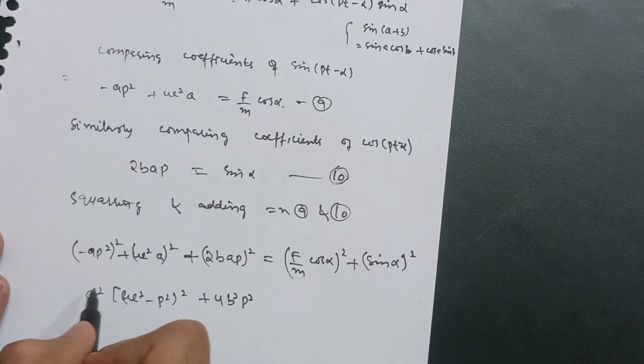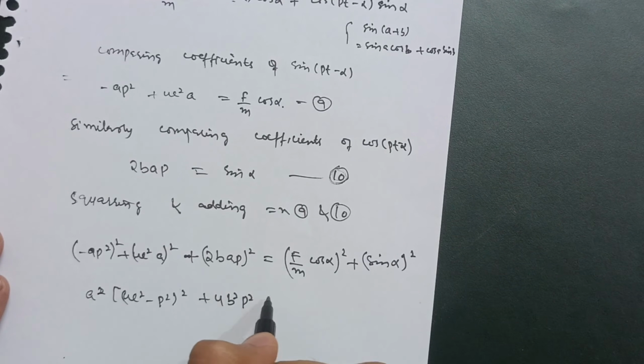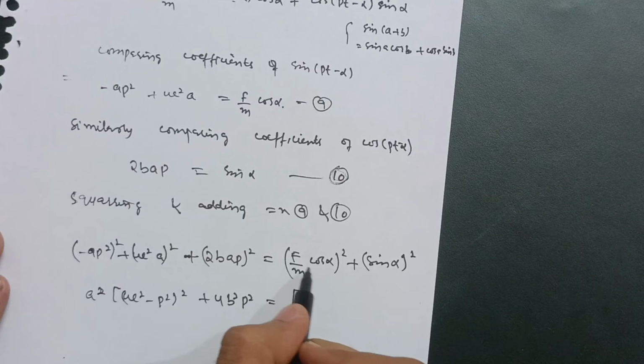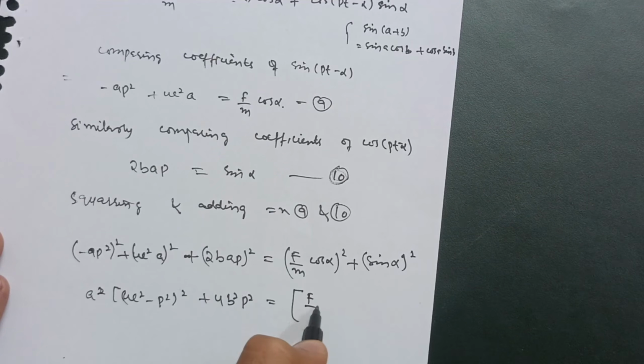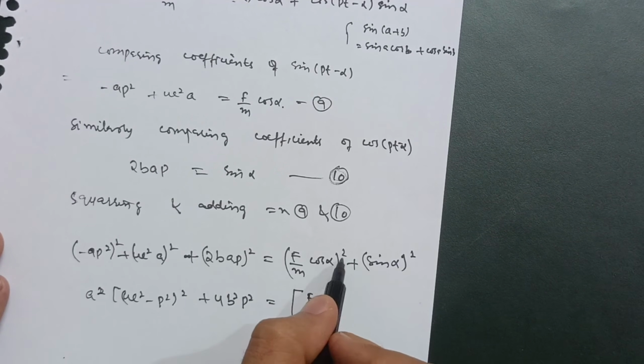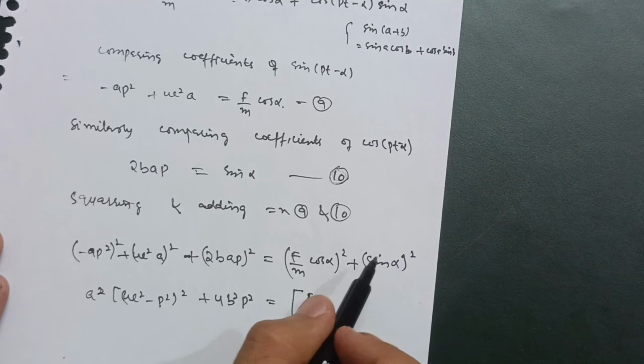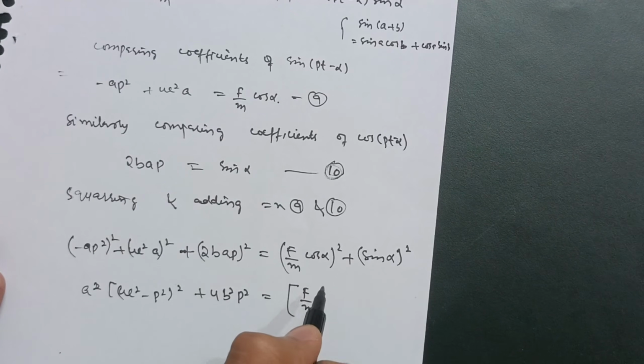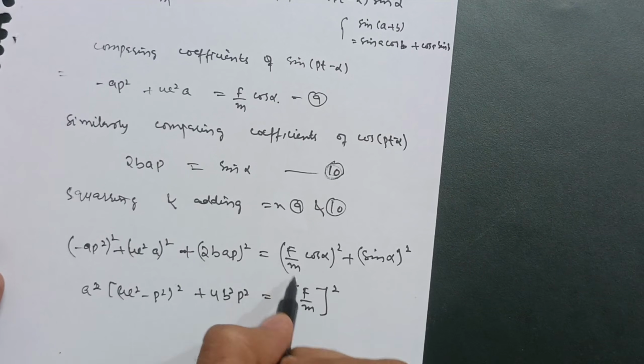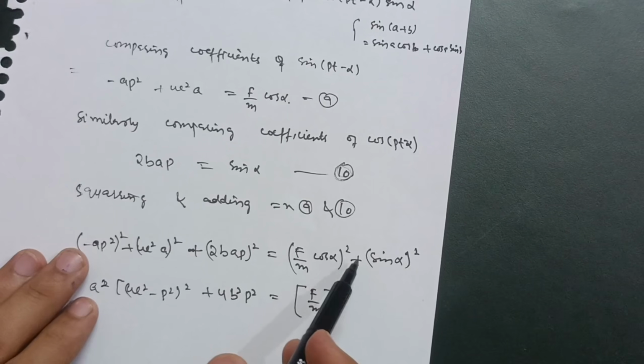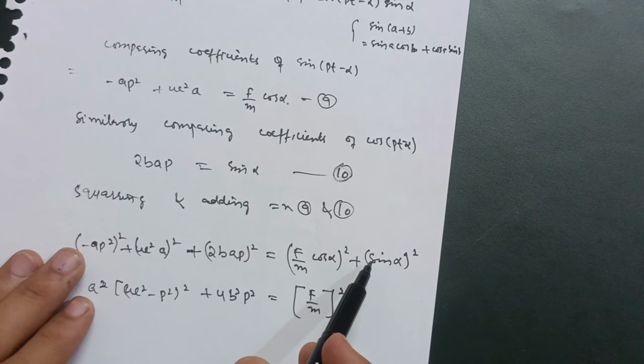A I will take common, that is why I take a square here, which will be equal to f by m whole square, and this cos square alpha and sine square alpha, you might be knowing, is always equal to 1.